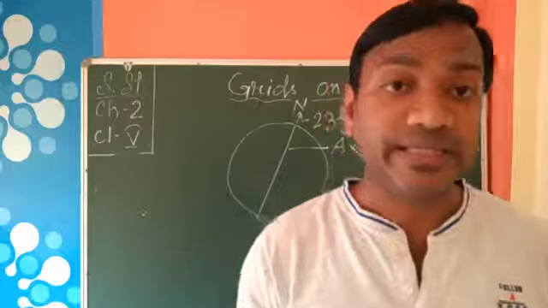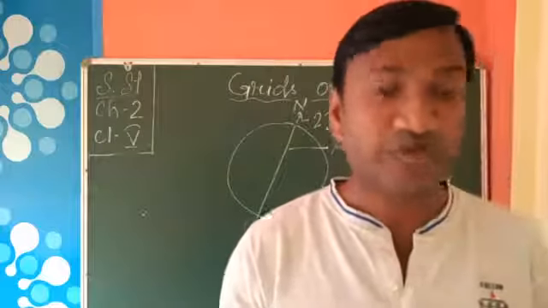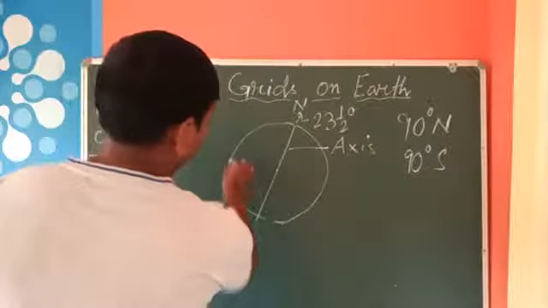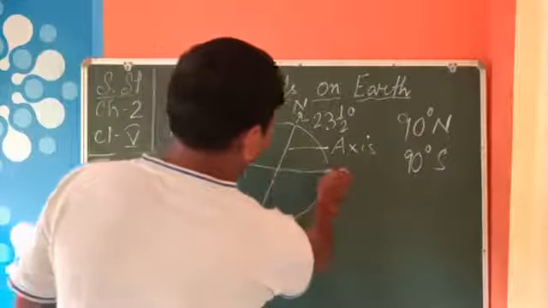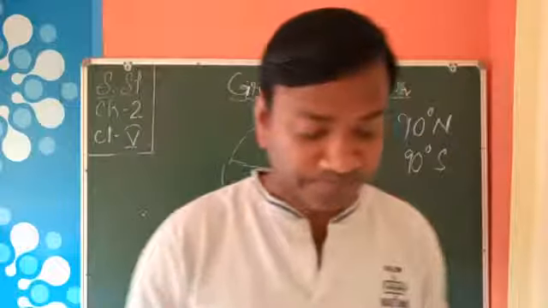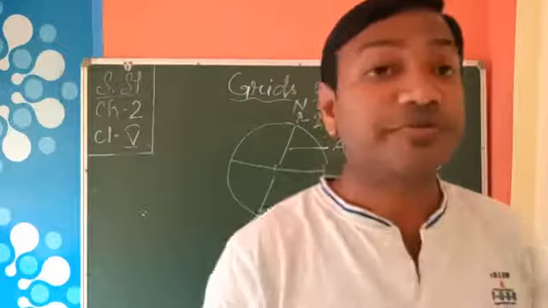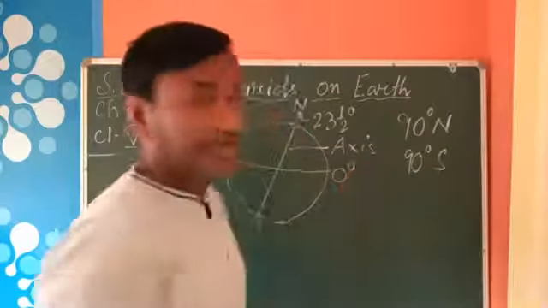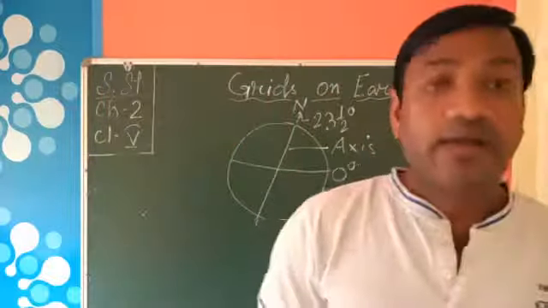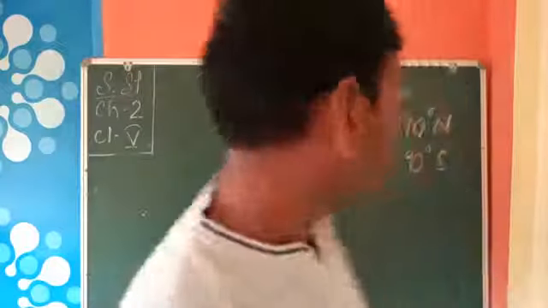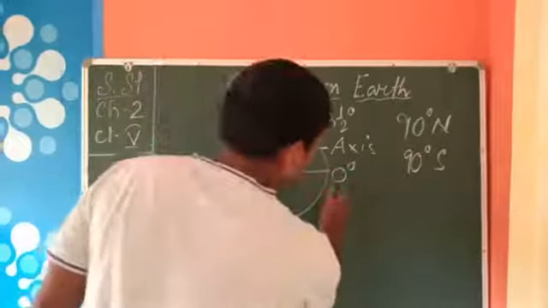An imaginary circle which is drawn horizontally at the center. Suppose it is the center. This complete circle in the middle is marked as 0 degree. So it is called 0 degree, and the name given is equator.